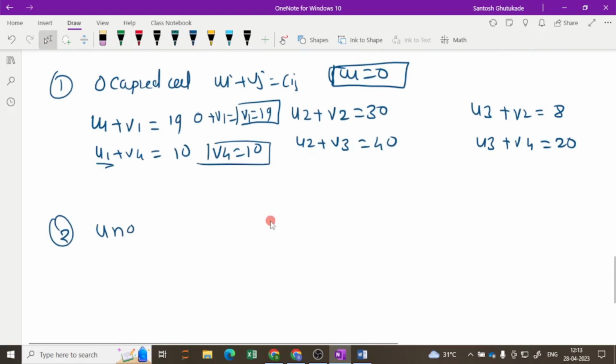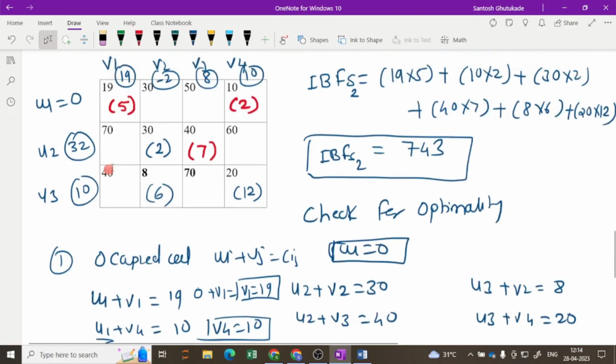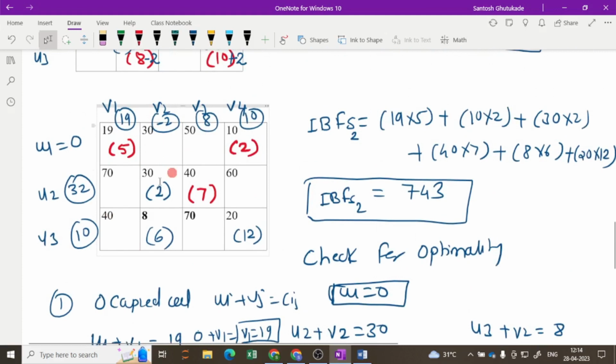For the unoccupied cells, the relation is Cij minus ui minus vj. Here in this case the unoccupied cells are 30, 50, 70, 60, 40 and 70.